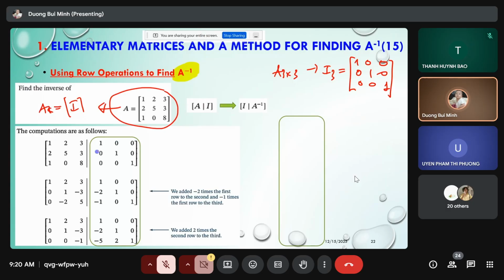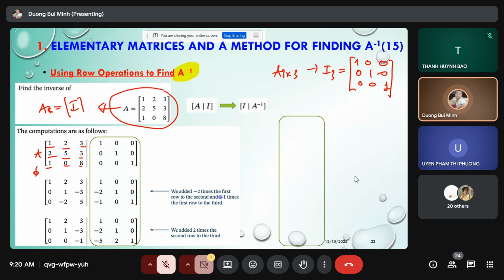Here is the first step. This is matrix A: 1 2 3, 2 5 3, 1 0 8. If we multiply R1 by minus 2 and add it to R2, replacing R2, we get A1.